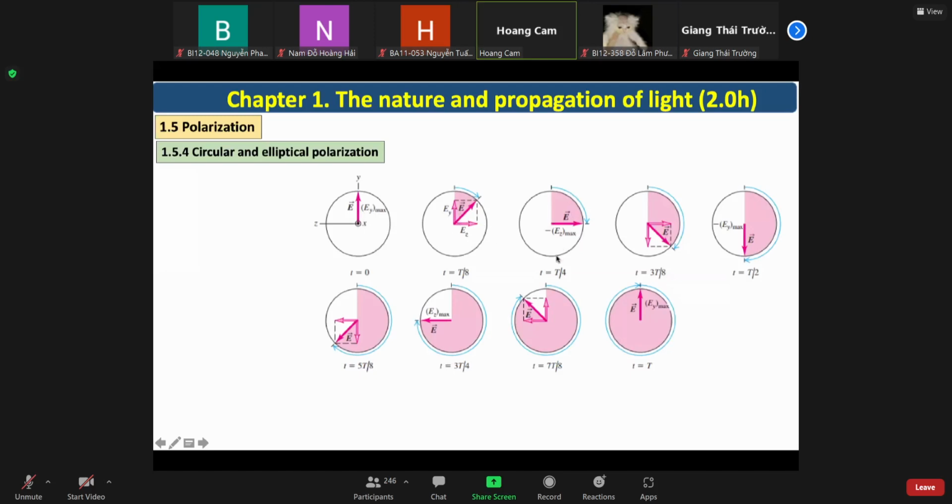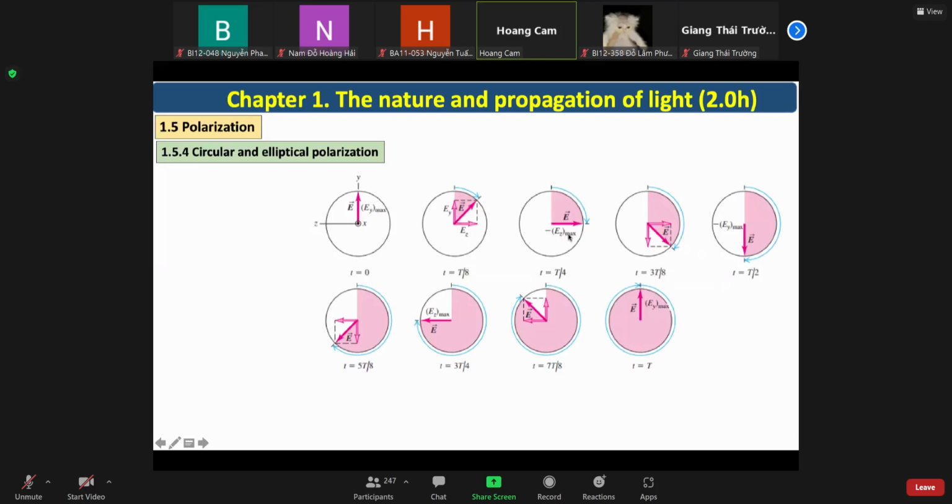And then after 1/4 of the cycle, the vector E moves from the starting point to this point, you see? The EY component is equal to 0. The EZ component equals the amplitude, but in the negative direction, because the positive side is here, so that's why we get minus EZ max.